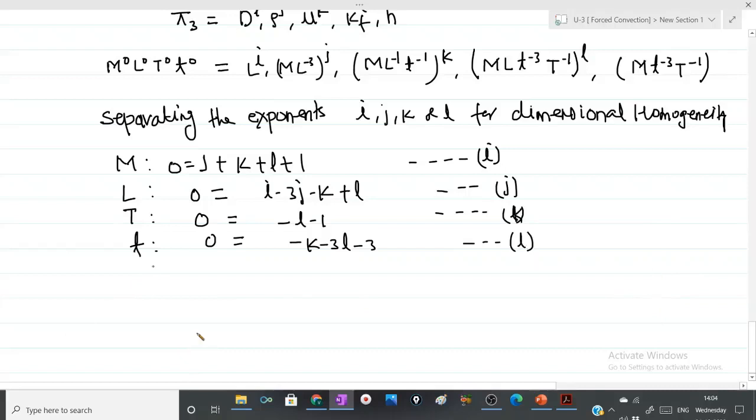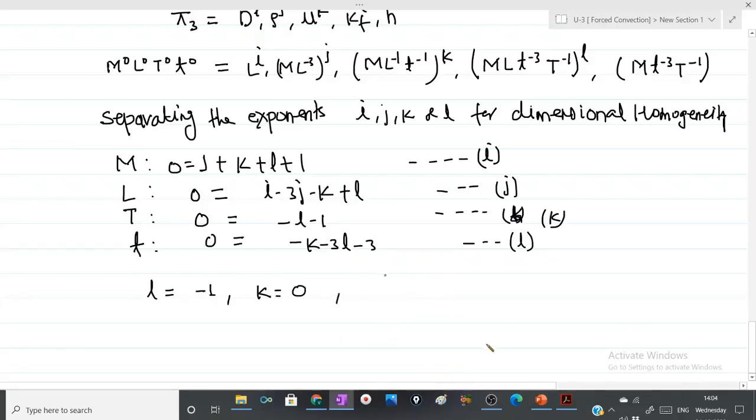Now, from equation K, the value of L will come out minus 1. If I put the value of L into equation L, the value of K will come out 0.